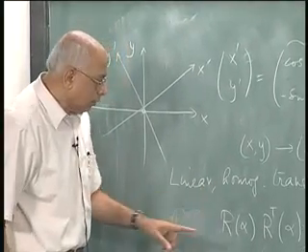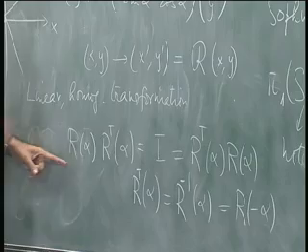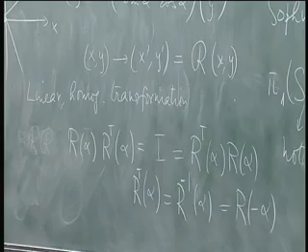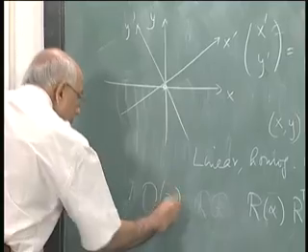So this is the group composition law written in terms of 2 by 2 matrices in this fashion. This set of matrices forms a group, that group is the orthogonal group of orthogonal matrices in 2 dimensions, O2.